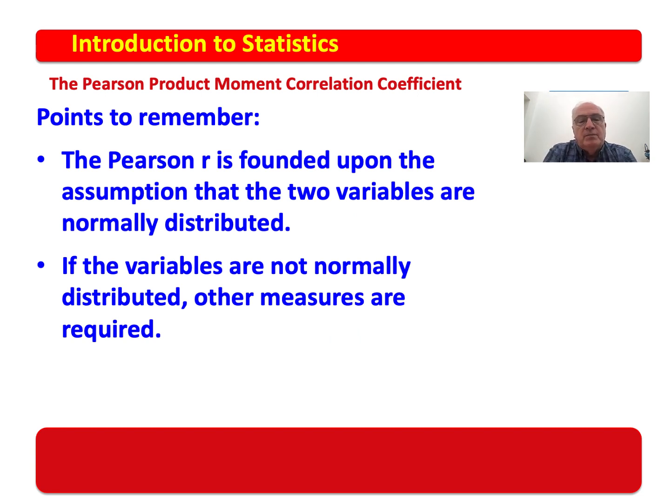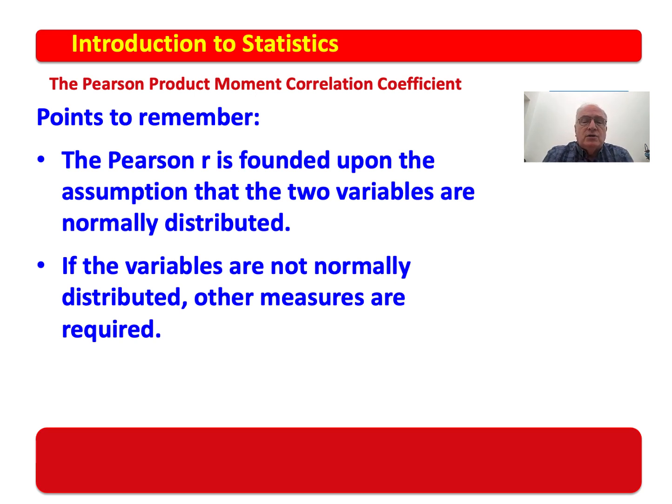Some points to remember. The Pearson r is founded upon the assumption that the two variables are normally distributed. Now, how do you determine normality? Well, remember, you take the variable, you run its descriptives, and you ask to see the skewness and kurtosis. And if the skewness and kurtosis values are in between -3 and 3, then it is approximately normally distributed.